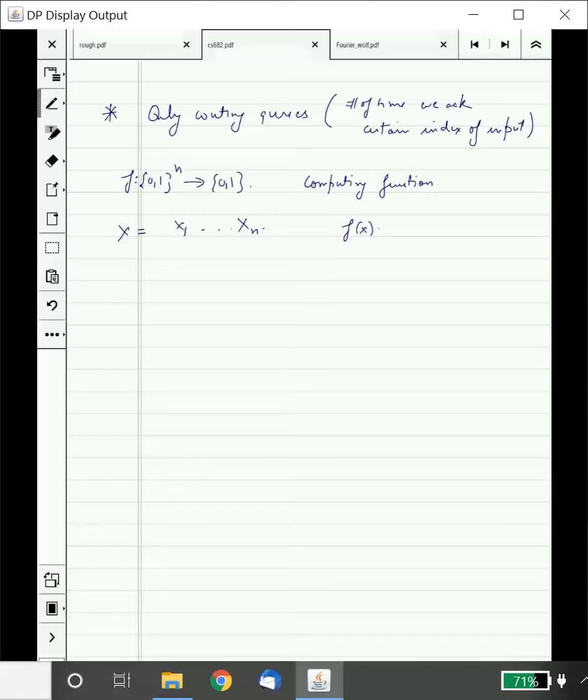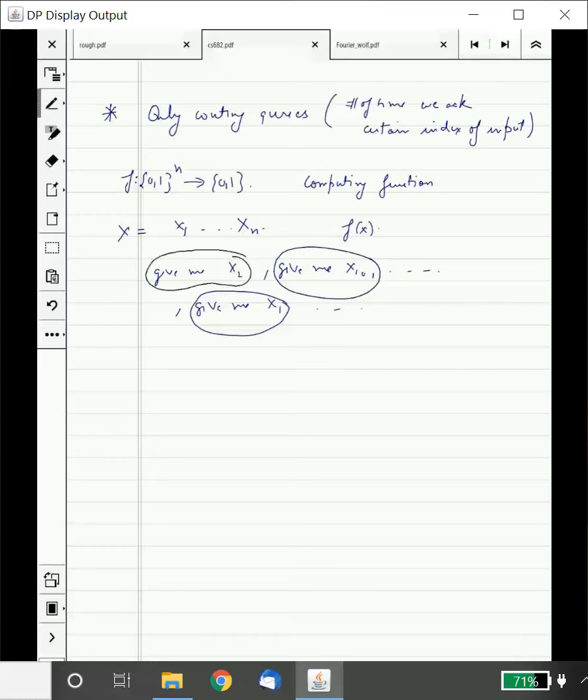In that case, whenever I make an algorithm, the algorithm at a certain point of time would say, give me x2, give me x10, then some calculation, give me x1, and so on. Any algorithm will look like this. And we are saying that we will only count the queries here.